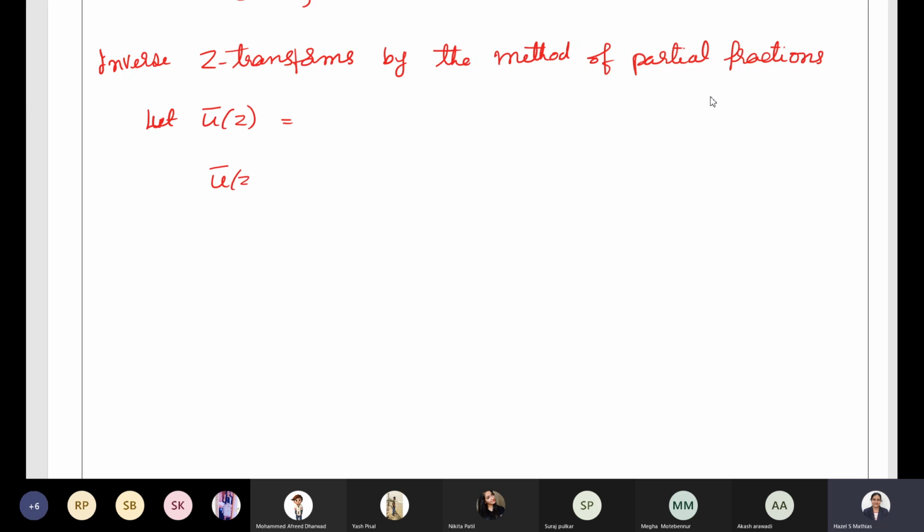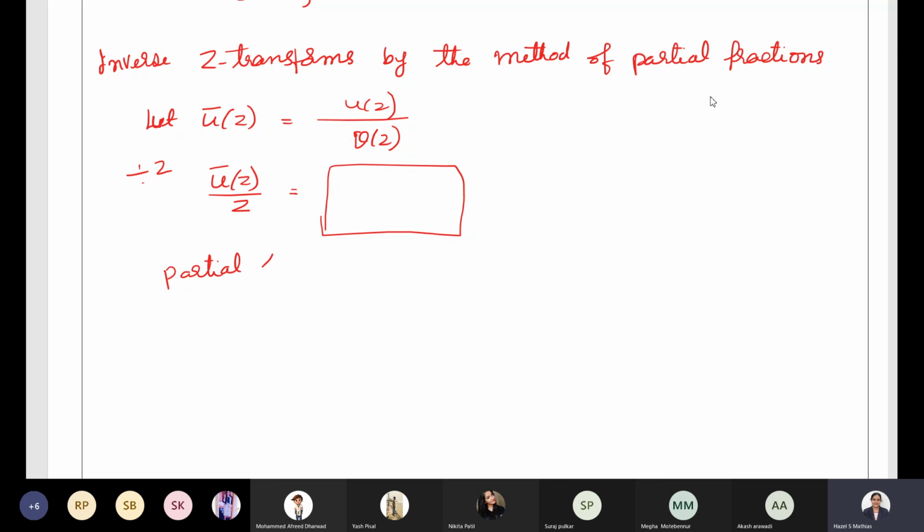Then find u bar of Z divided by Z. That means divide both sides by Z. Here some function will be given, say u of Z by v of Z. Divide both sides by Z. Then whatever function you get over here, apply partial fractions to that.